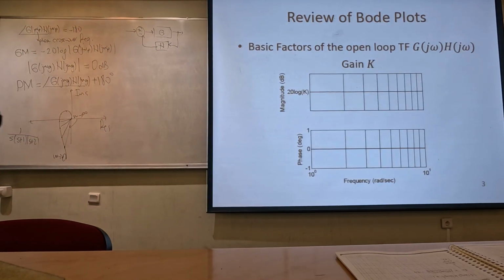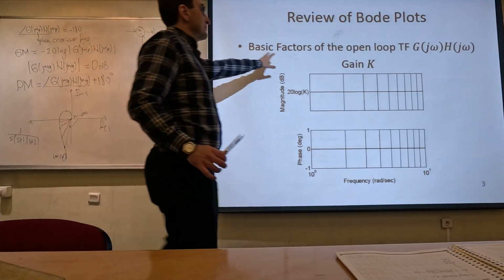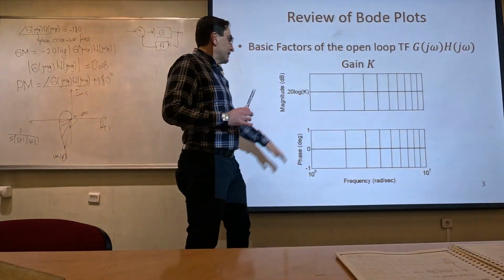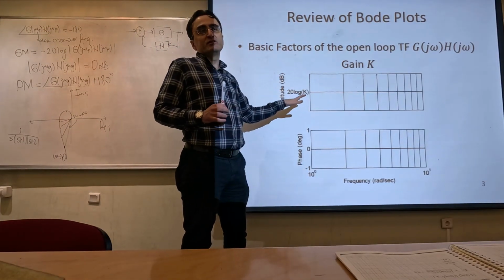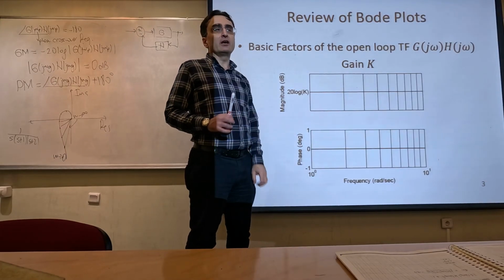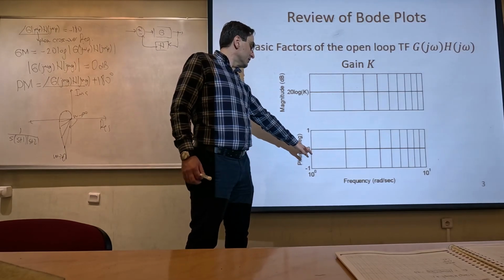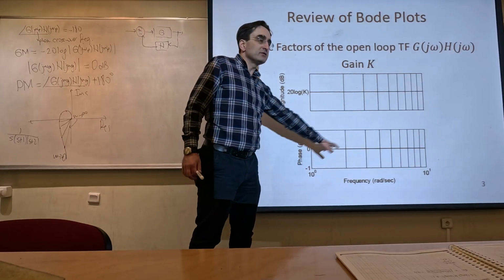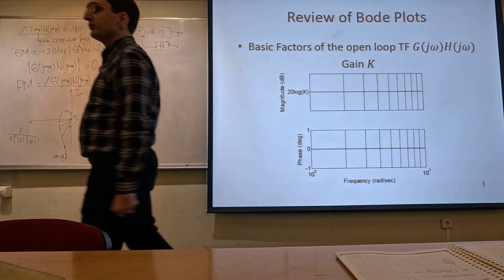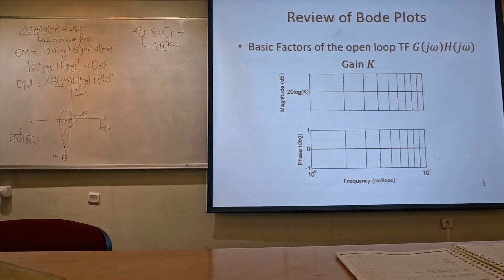So when I look at a single gain, which is gain K, in that case it would have the magnitude in dB scale, which is 20 log K, and the angle in degrees, it is 0 degree, because we are considering positive gains here.